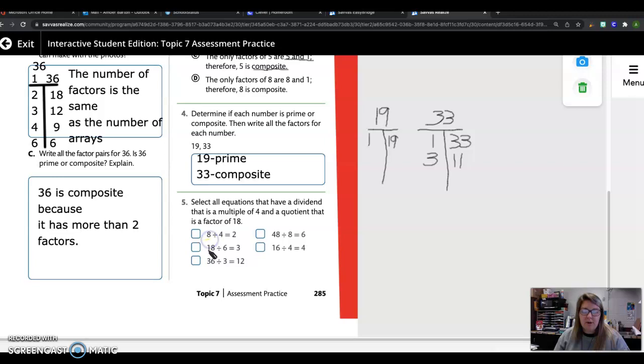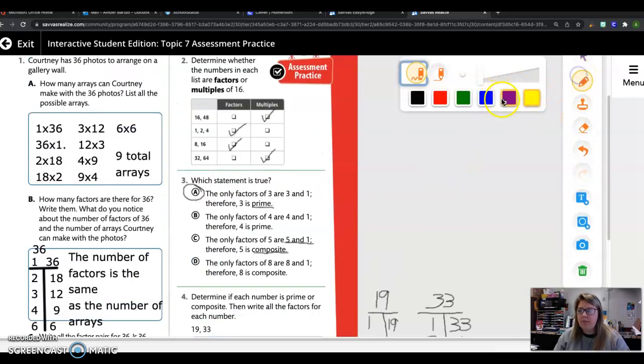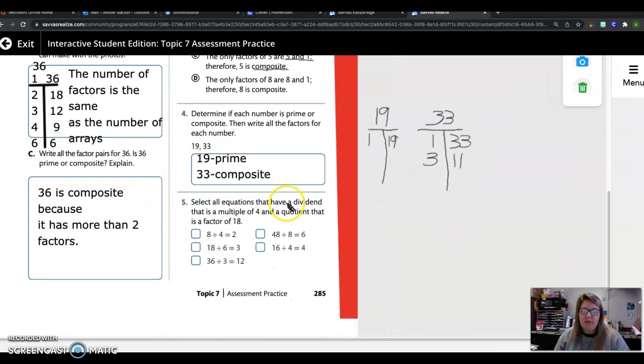So these oh, you can't really see that. Hold on. Let me change colors. So these numbers here are our dividends, okay? We need to decide, are those numbers a multiple of 4? Meaning, can we multiply 4 times something and get to these numbers?